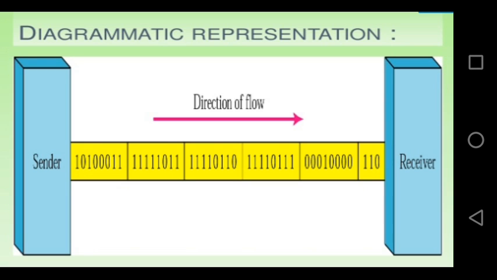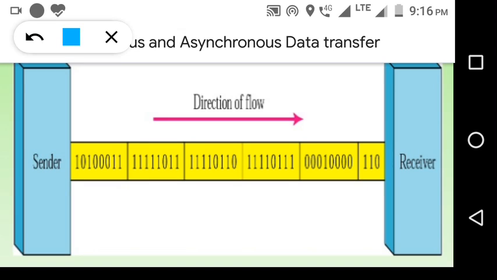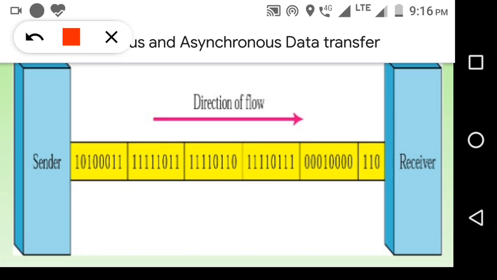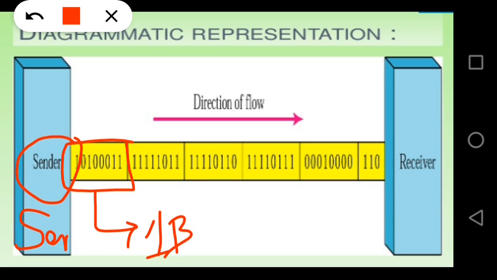Let's take a diagrammatic representation of this synchronous data transfer. Here I have a sender and 8 bits. 1 byte means 8 bits.